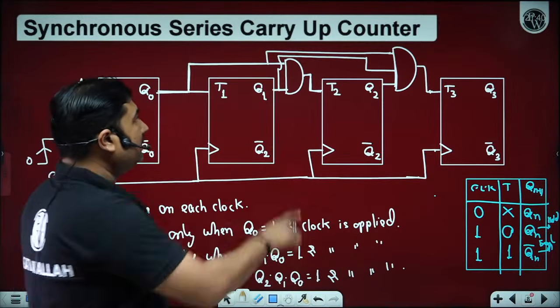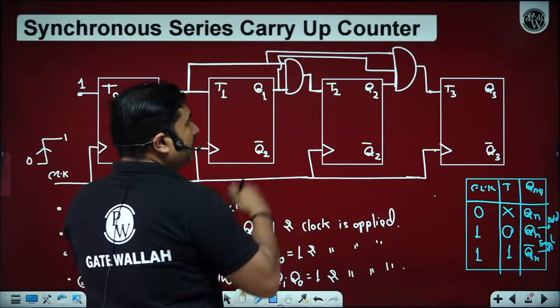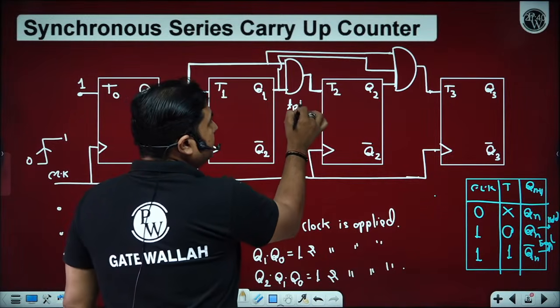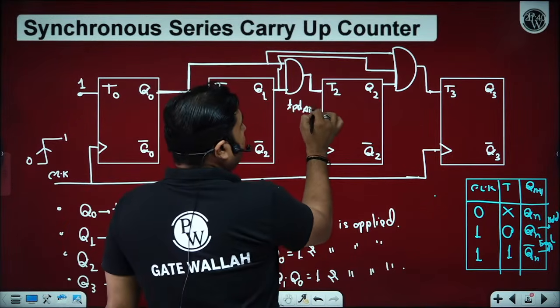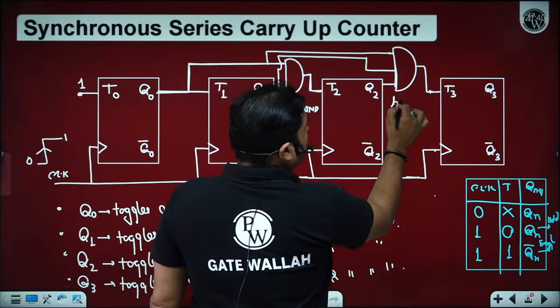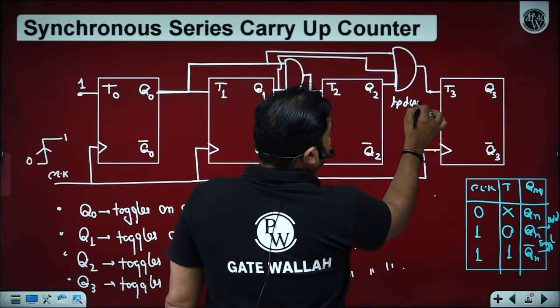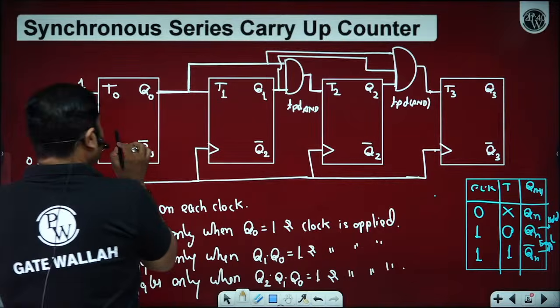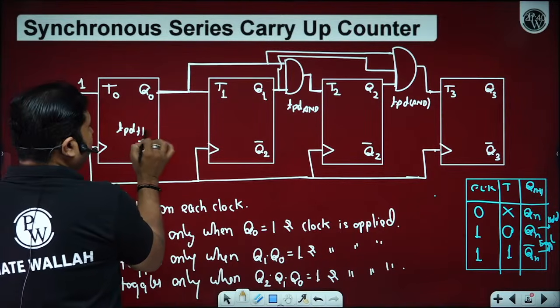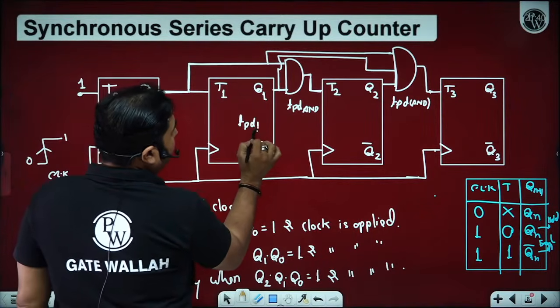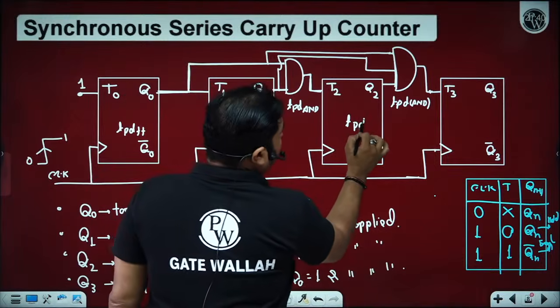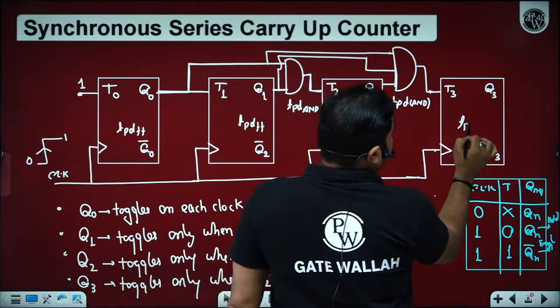Yes, sir. And this AND gate should operate. Let us suppose the delay of this AND gate is TPD AND. So it means 2 TPD of AND gate, and each flip-flop will have a propagation delay of TPDFF.